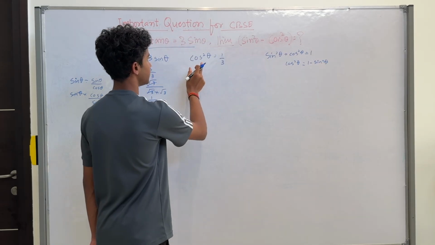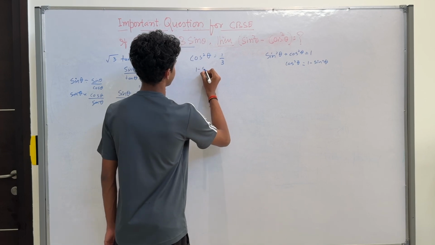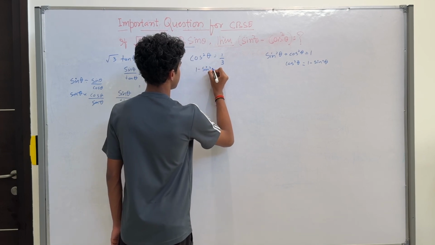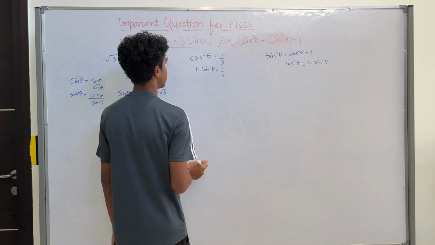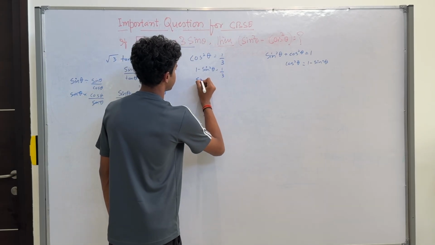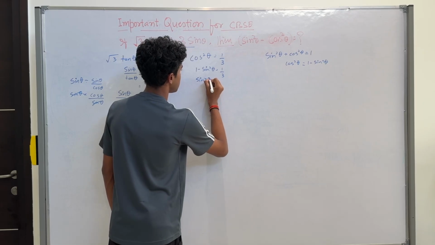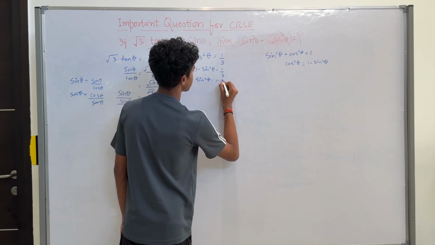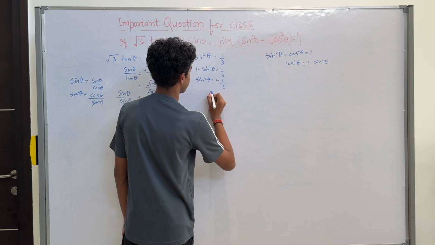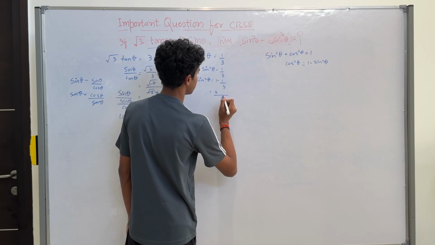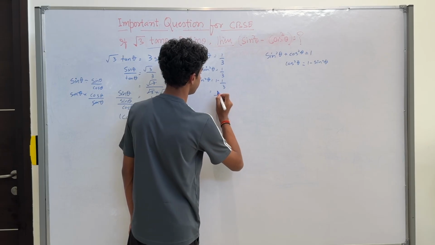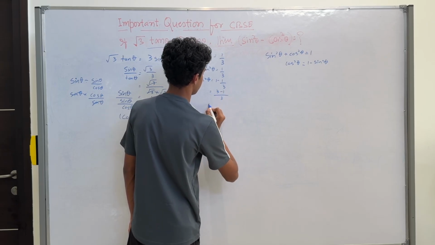Let's do the same over here. 1 minus sin square theta is equal to 1 by 3. And then sin square theta equals 1 minus 1 by 3, which is, let's take LCM, which is 3, 3 minus 1, which is 2 by 3.